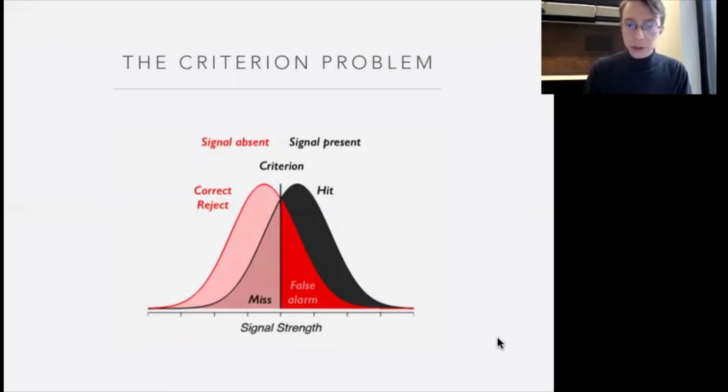Now, before we go further and see what the problem is with this, I'm going to say a few things about signal detection theory, which is the main framework that we use in order to understand how subjects provide these seen versus not seen reports.